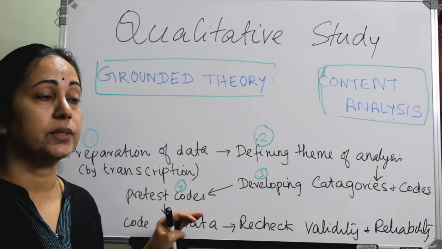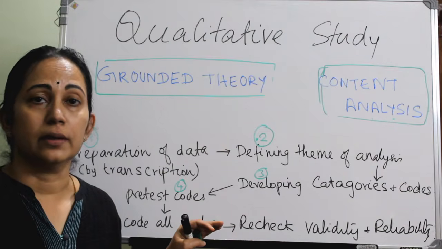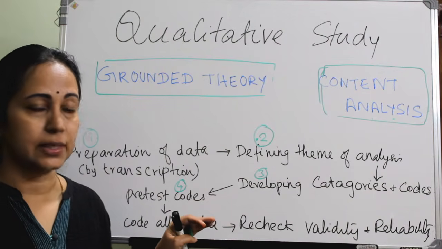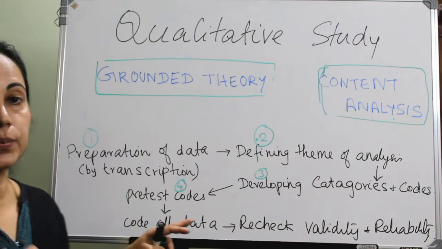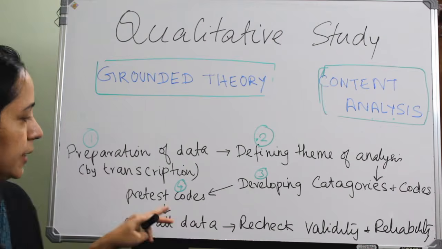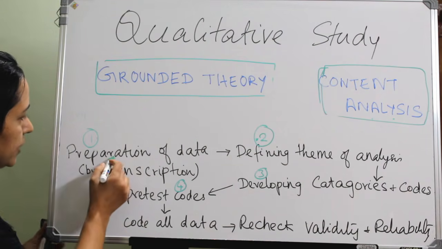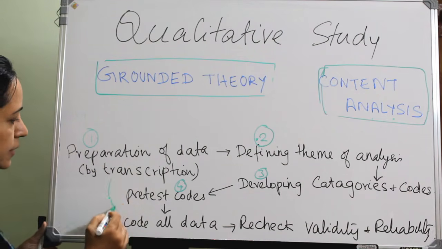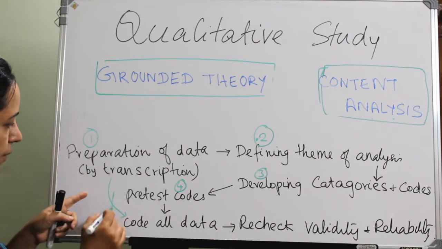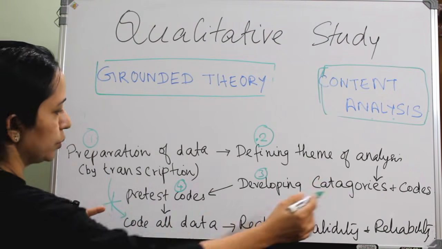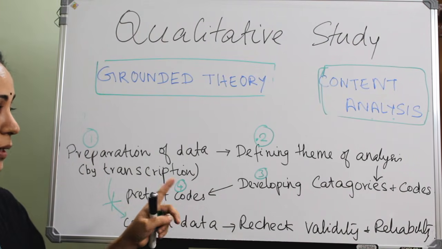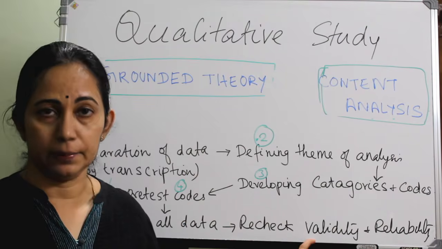The codes have to be distributed among all the researchers or investigators, and pre-tested in detail among them. This should not come directly from preparation of data. It has to go through all these steps, to check the validity and reliability.